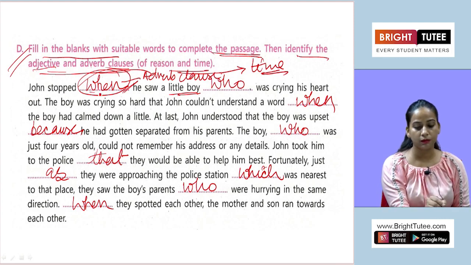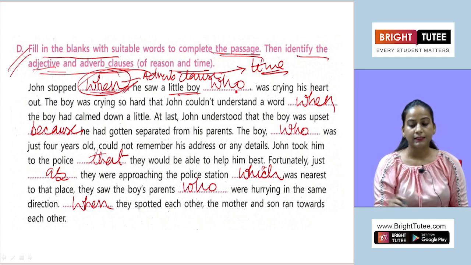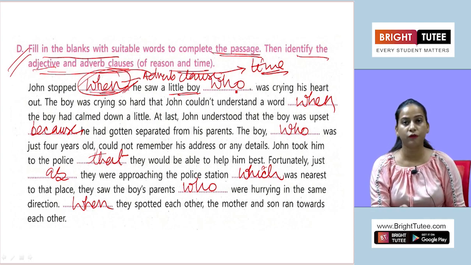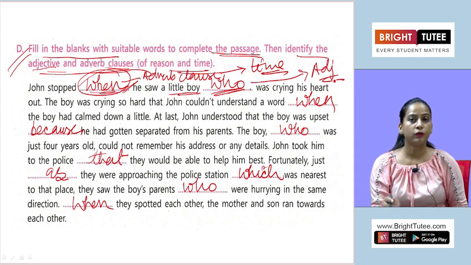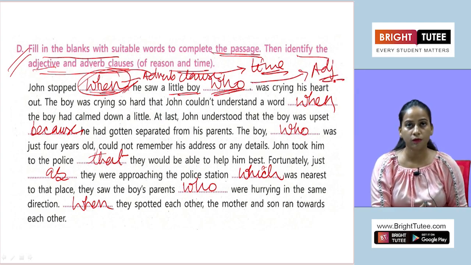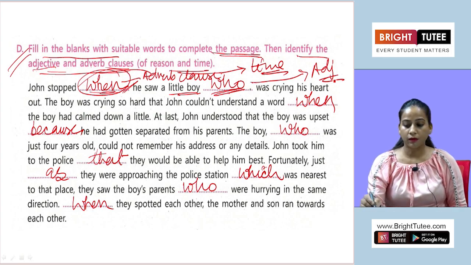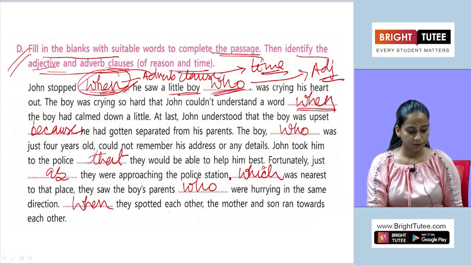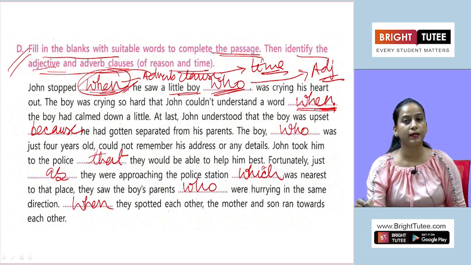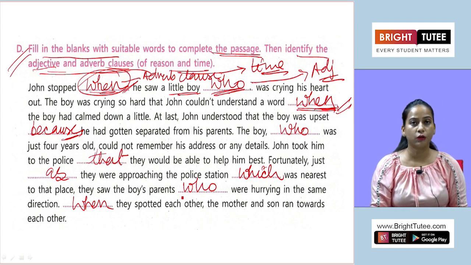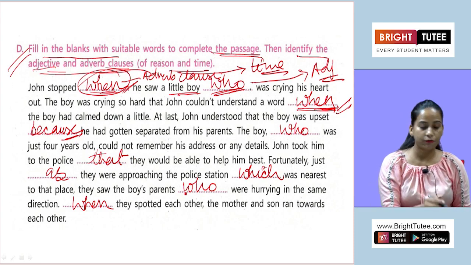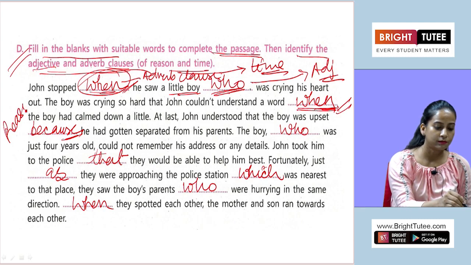When John stopped? When he saw a little boy. The second one, who, that we have used here is going to be the adjective clause, because it is going to qualify the given noun over there. The third one, when, again it is going to be the adverb clause of time. Then the next one, because, is going to be the adverb clause of reason.